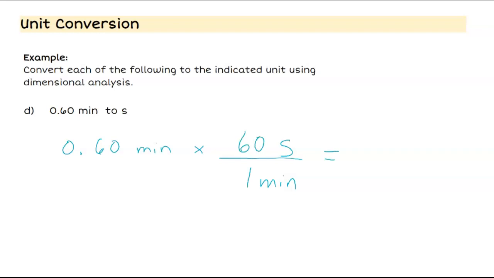And so, looking at my unit cancellation to make sure that's on track, minutes are gone. They divide out and I'm left with seconds. So now I'm simply left with multiplying my 0.6 times my 60, which should give you 36 seconds.